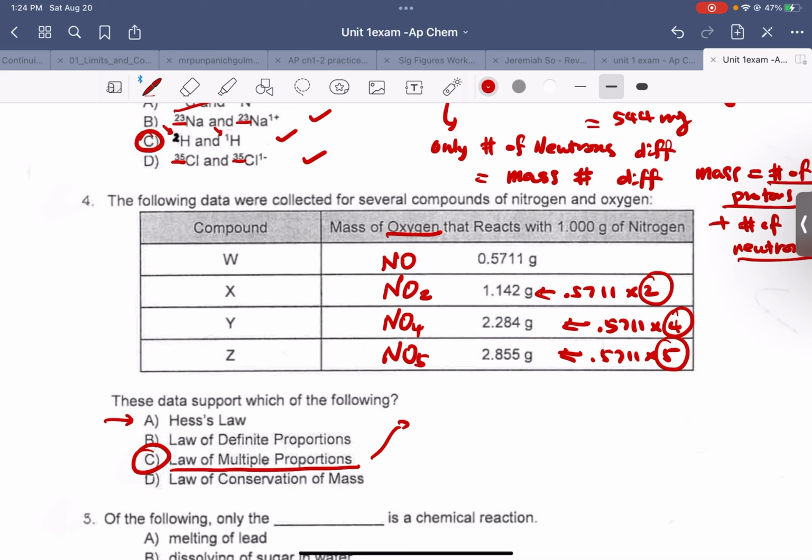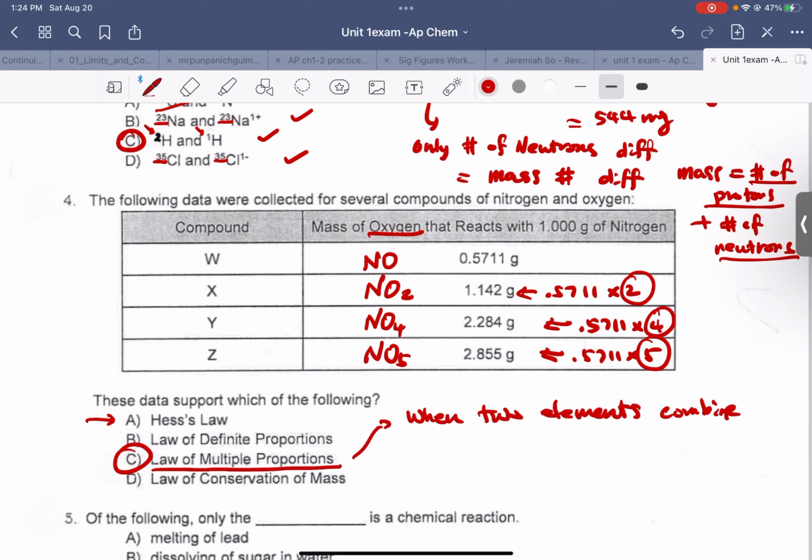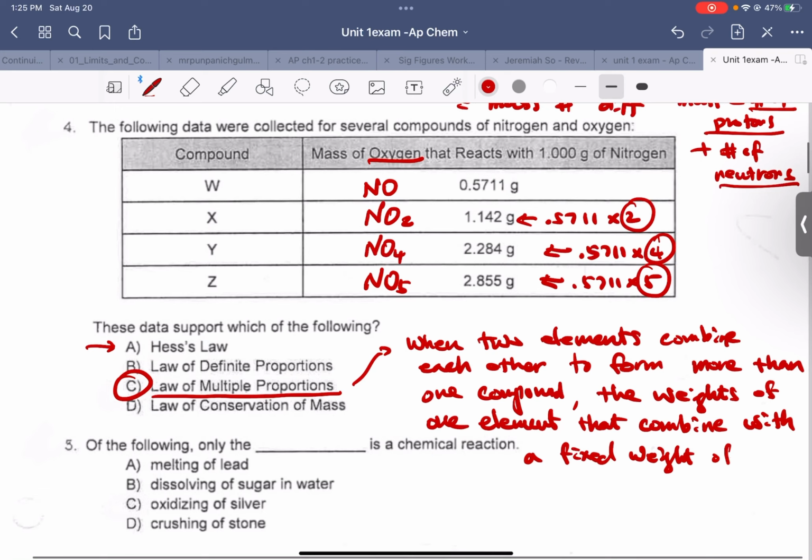Basically, when two elements combine with each other to form more than one compound, for example, the weight of one element that combined with a fixed weight of the other, they are in a ratio.